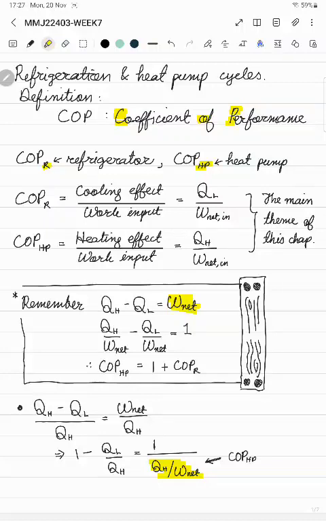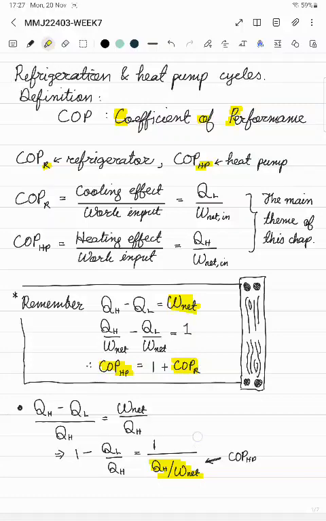If you divide the right hand side and the left hand side by W_net and do the algebra, you will end up with the relation between COP for heat pump and COP for refrigerator. From this equation, it is obvious that COP for heat pump is larger than or equal to 1, because COP for refrigeration is also usually larger than or equal to 1.